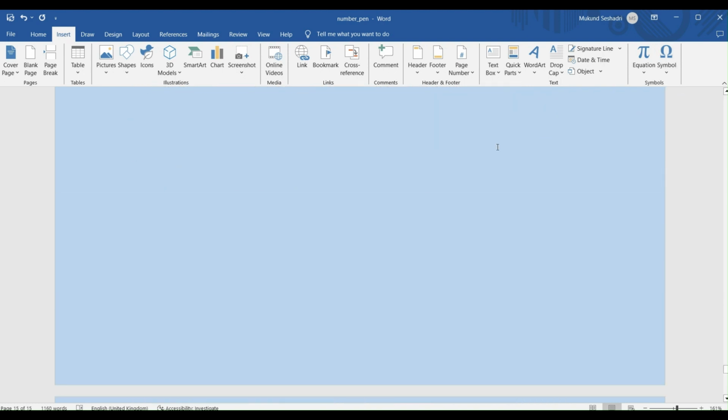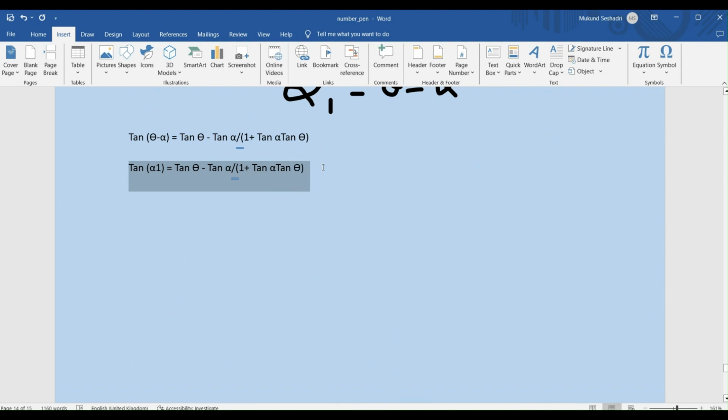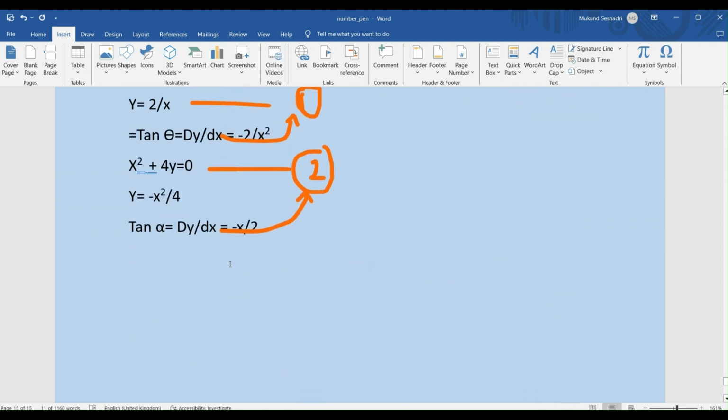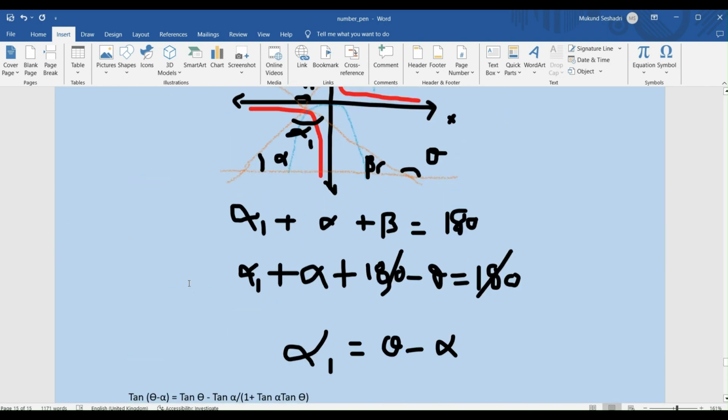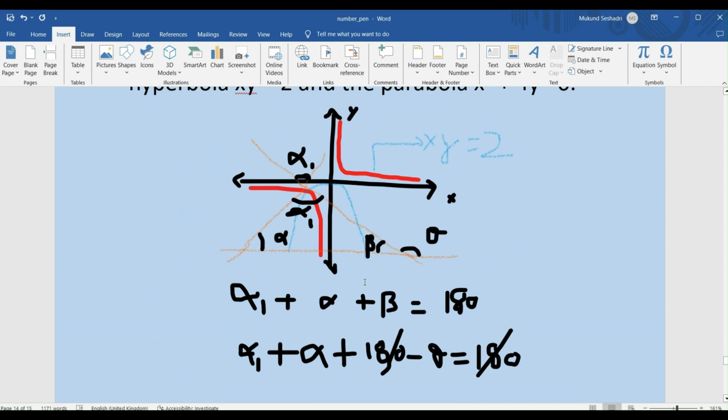So now I'm gonna rewrite this equation. Now I've been asked to find alpha 1 at a particular point where these two curves intersect, right?